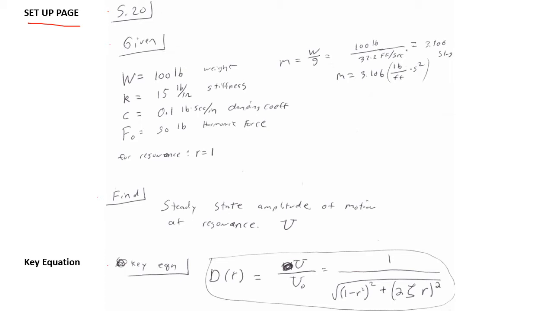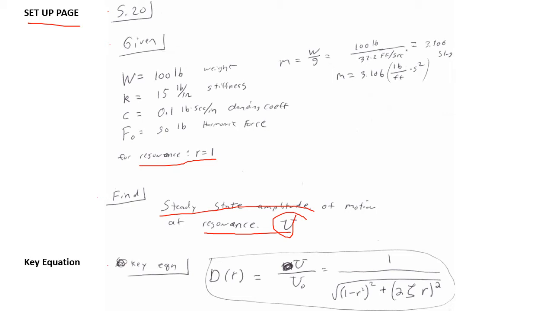The next thing we want to do is figure out what they're asking us. They're asking us to find the steady state amplitude of motion at resonance. So we're looking for our U value at resonance, and we know our R at resonance is equal to 1. This is a great time to figure out our governing equation, the key equation we're going to use to solve this.